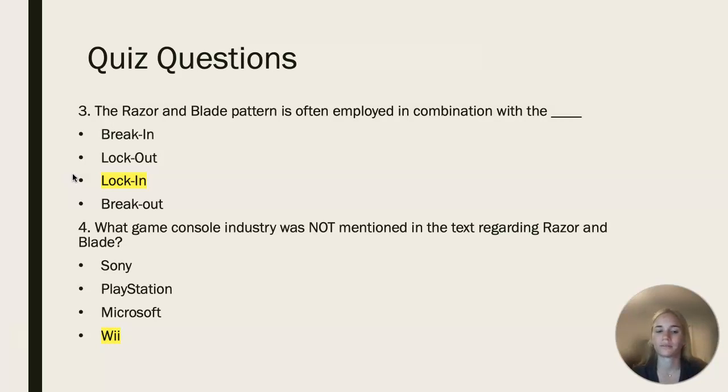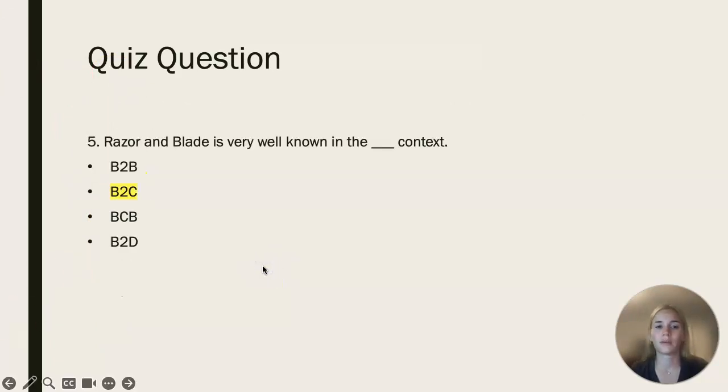A. Sony, B. PlayStation, C. Microsoft, or D. Wii. The correct answer is Wii. And for my final question, number 5, razor and blade is well known in the blank context. A. B2B, B. B2C, C. BCB, or D. B2D. The correct answer is B2C.